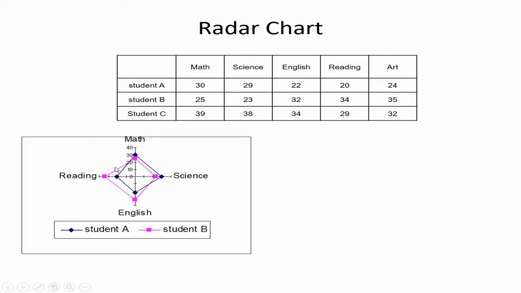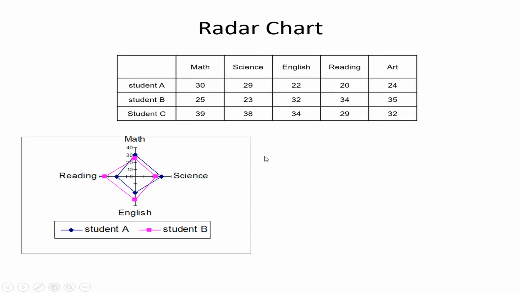It shows very quickly that the red student can go to the Faculty of Arts because his marks in reading and English are better than his marks in math and science. And the opposite for the other student, student A, who is excelling in science and math. He can go to the Faculty of Engineering or the Faculty of Science.